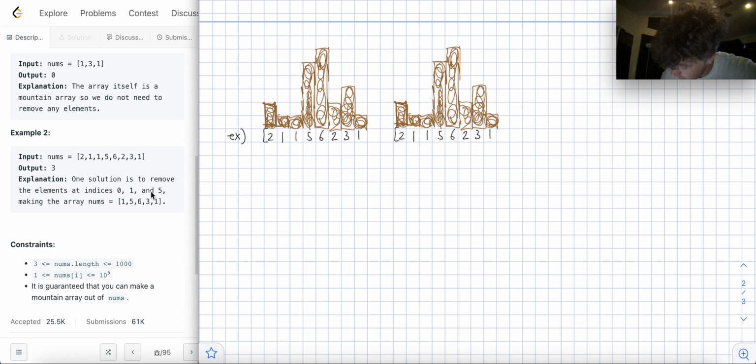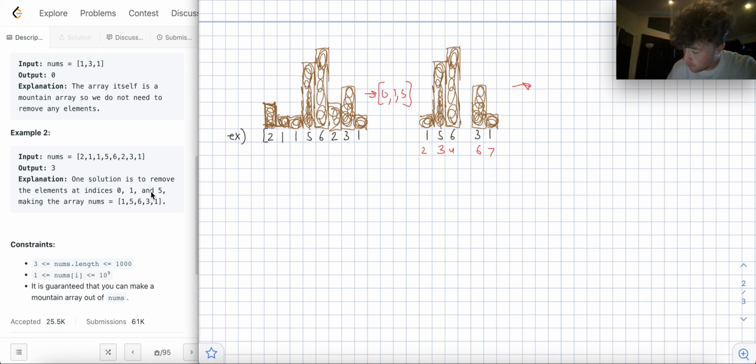Okay, so if we take this and remove the elements at index 0, 1, and 5, well, let's write down the indexes, right? So the indexes are here. So he's saying 0, so we remove this thing, 1 and 5. All right, so we're going to remove 0, 1, and 5.